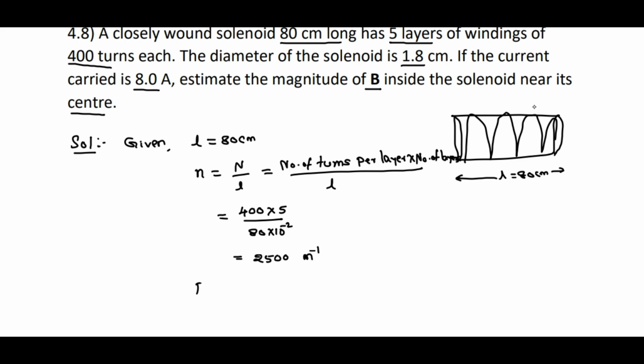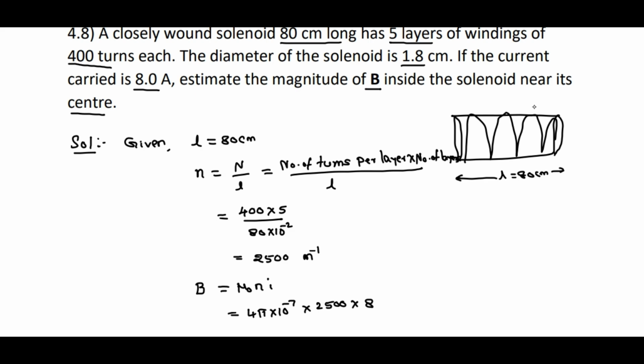Now magnetic field at the center of the solenoid, B is equal to mu naught n I. Mu naught is 4 pi into 10 power minus 7, n value 2500 into current passing through the solenoid is 8.